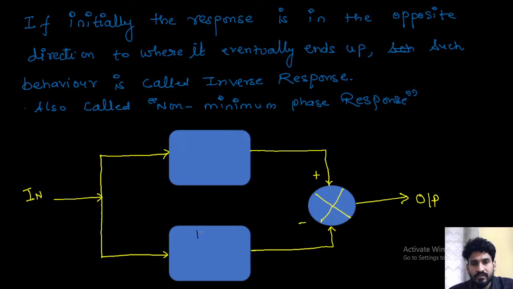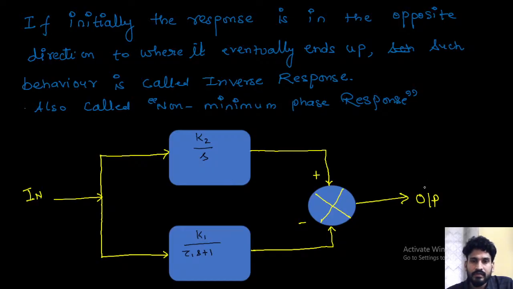The first order process transfer function is K1 divided by tau 1 S plus 1. And one process is purely capacitive, and the purely capacitive transfer function is K2 divided by S. These two transfer functions combine and generate the overall output.